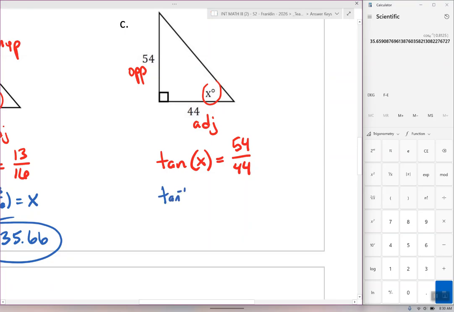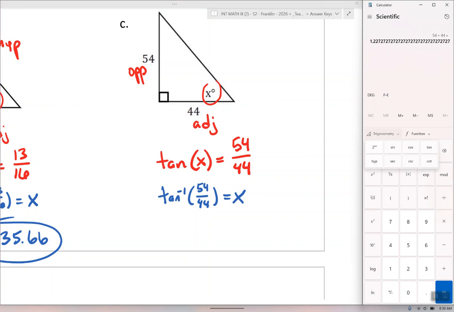Tangent minus 1 of 54 over 44. And we'll use that to find x. So 54 over 44 is 1.227272, and so on. I'll do my inverse tangent function. Notice there's these other ones, cosecant, secant, cotangent. Don't worry about those. We're just going to use sine, cosine, and tangent for now. 50.83.